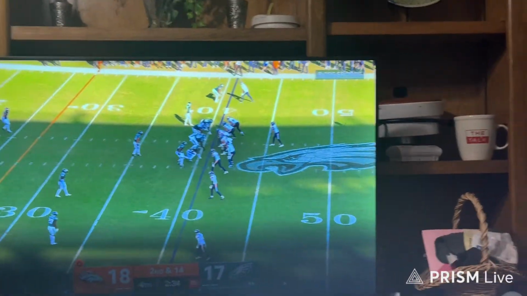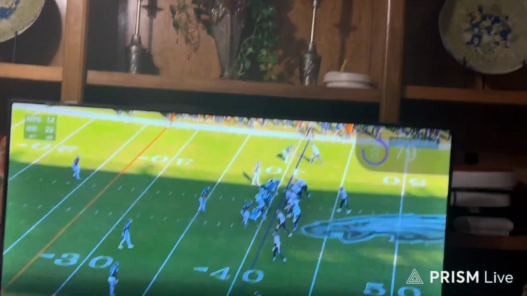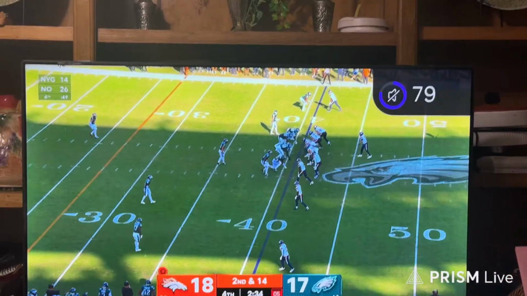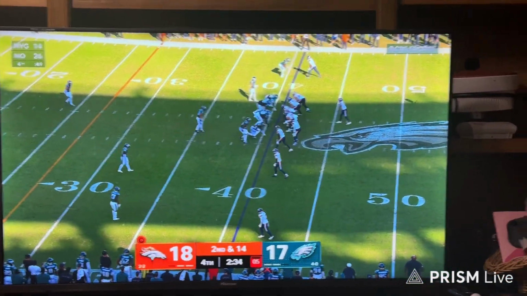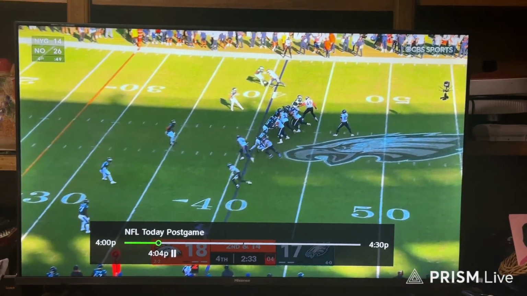So, for example, if you go back to the play here, I'm going to make sure it's on mute there. Yeah, and it is. And so let's have a look at what was executed by the Broncos. As you can see there. Yeah, and so Nix goes back to throw.